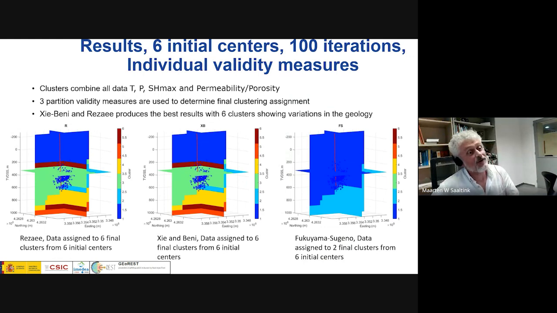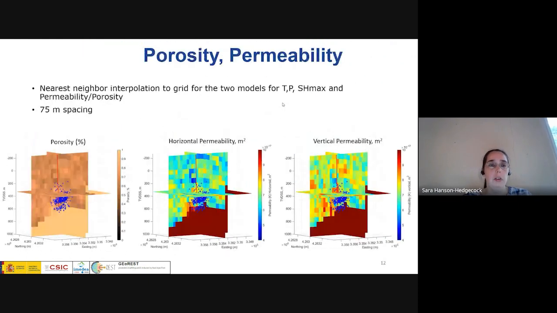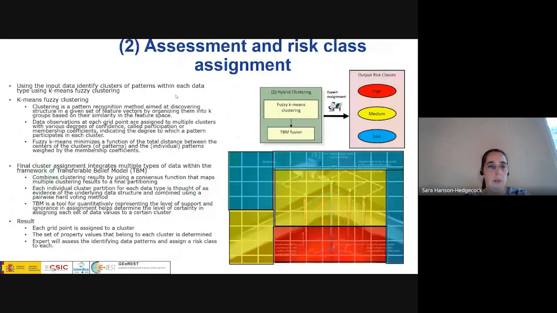And then another follow-up question by Silvia De Simone. She thanks you and asks what is the difference between the methods, just briefly. Well, these are just the validity measures. So basically, the full clustering method has the fuzzy k-means, and the validity measures are sort of different goodness of fit tests for your clustering results.